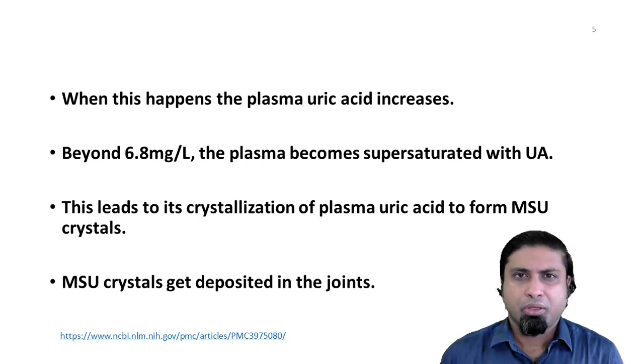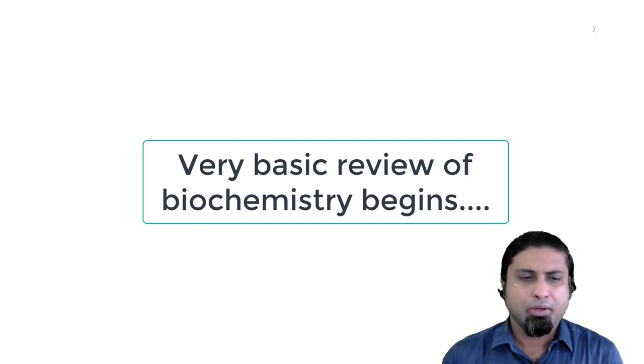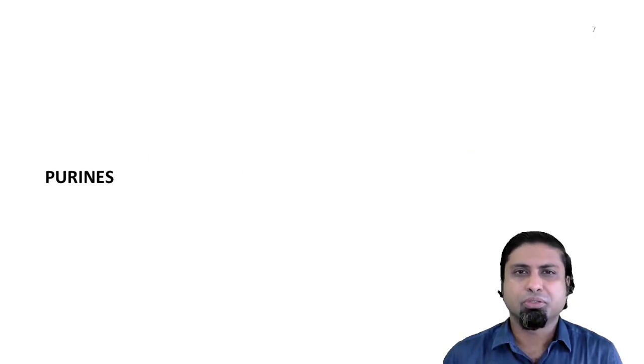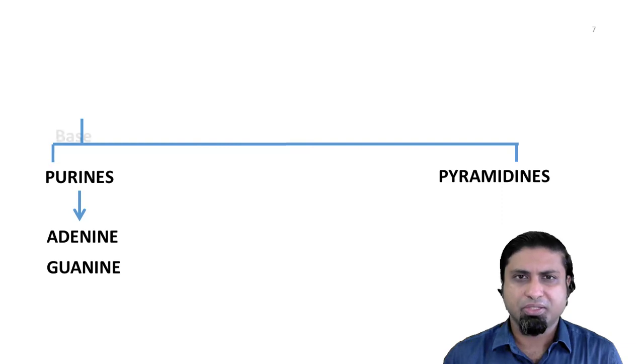Right. Now, it helps to brush up our knowledge regarding purine metabolism. It goes a long way in clarifying the concepts that we are about to discuss. So we know that purines include adenine and guanine, and together with the pyrimidines, this forms the nitrogenous bases.